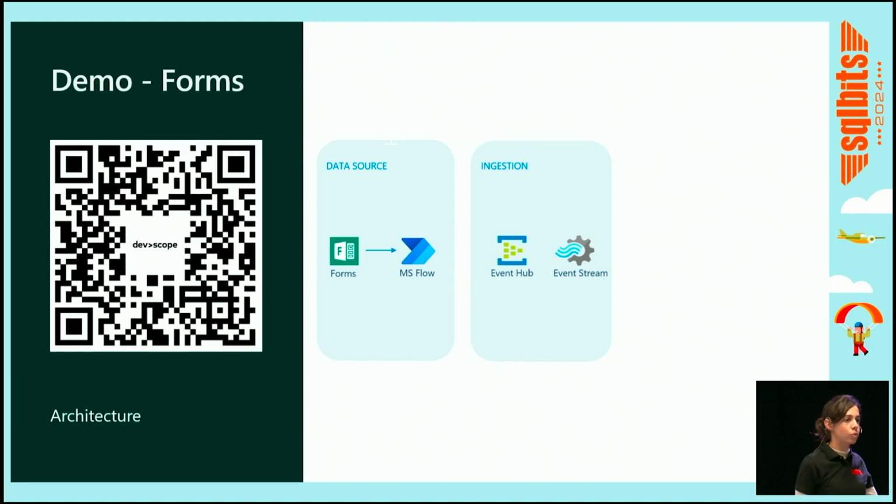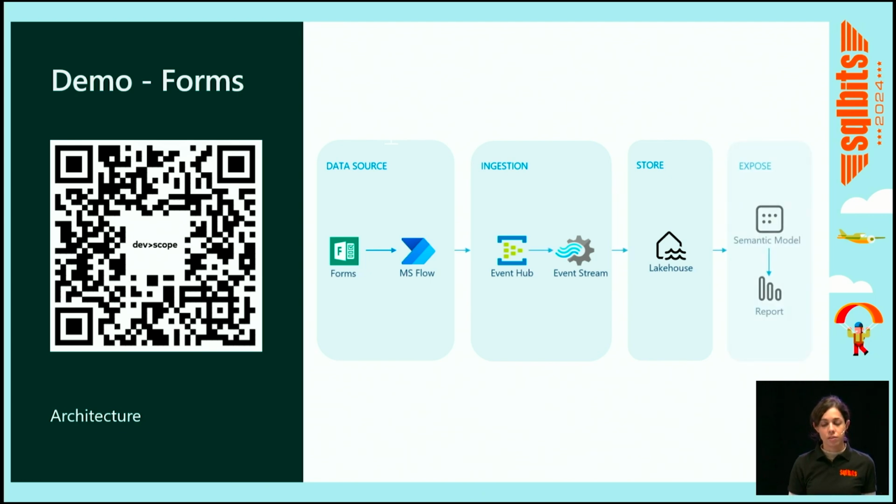So this part, we already pre-set up for this, and we're going to focus on the rest of the process. After having your answers on the event hub, we'll set up an event stream, so one of these pieces in Fabric that we just explained to you. And we're going to have that data landing on a lakehouse.